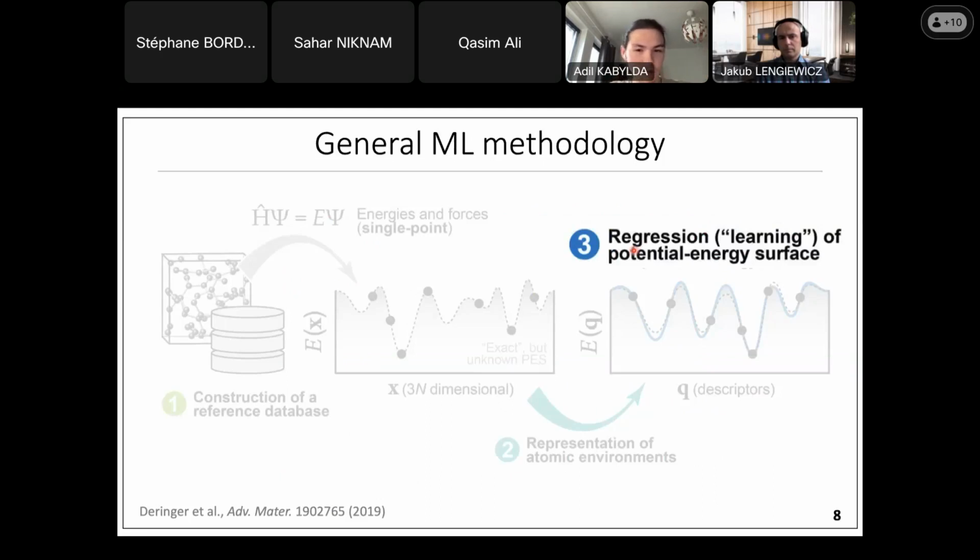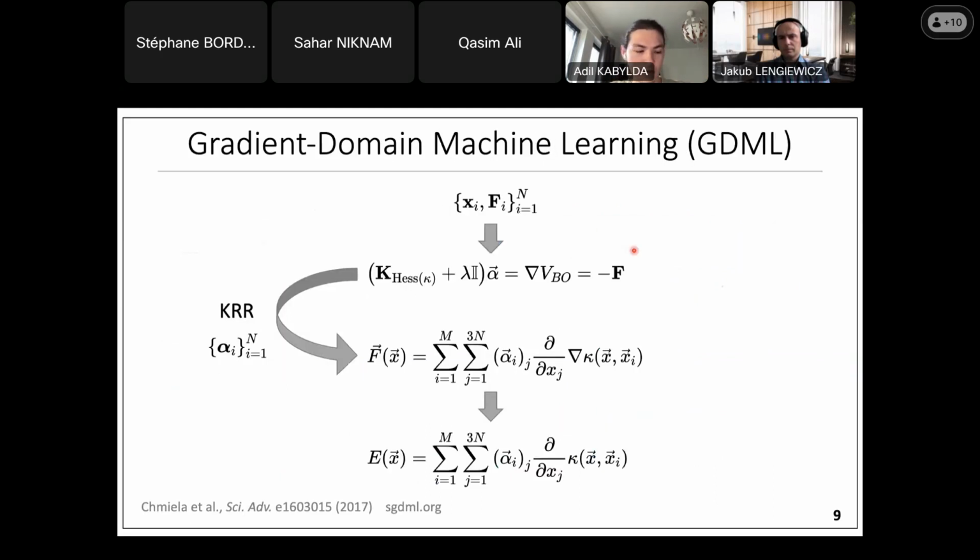Here we will use gradient domain machine learning. The way it works is rather simple. You are given a set of conformations, of geometries, and associated forces on these atoms, and we want to learn those. So we write a kernel in the gradient domain.